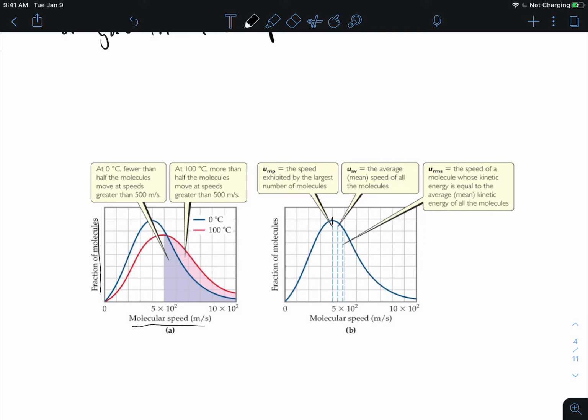And that is our root mean squared, this one right here. Root mean squared. So it's going to be slightly different due to differing masses.